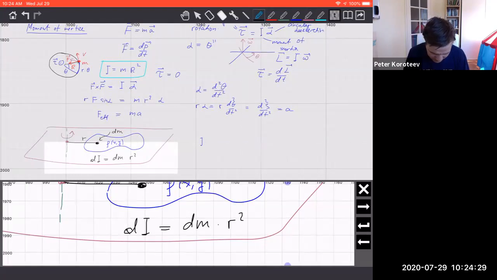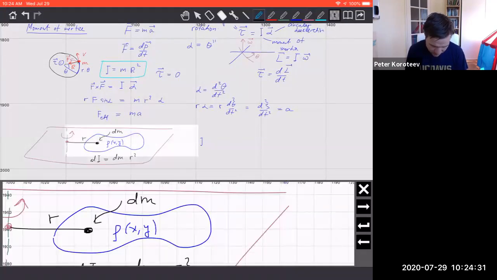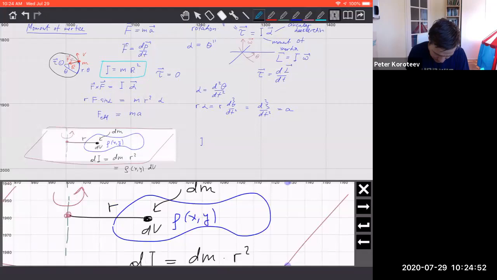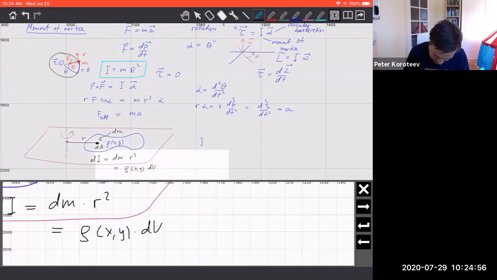Now let's assume that this function rho of x y describes the density profile in the shape. Therefore, we can write dm as rho at x y times dA, where dA is the unit area, times r squared.